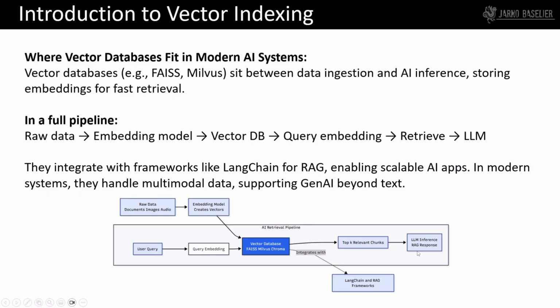And this is the LLM inference or RAG response, and this all integrates with LangChain and RAG frameworks. But both the knowledge of the LLM and the vectors of the raw data in a RAG pipeline will be in the LLM and in the vector database.